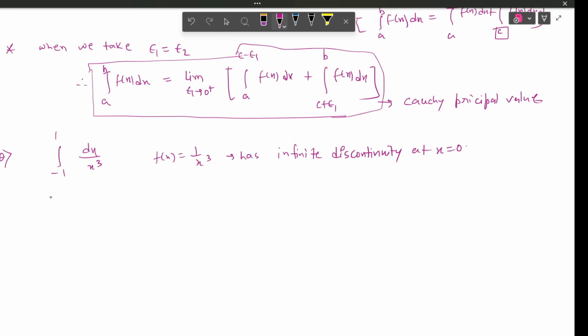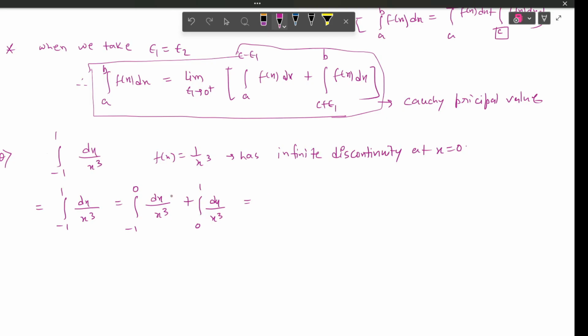So we can write the integral from -1 to 1 of dx by x cube as the integration from -1 to 0 of dx by x cube plus the integration from 0 to 1 of dx by x cube.